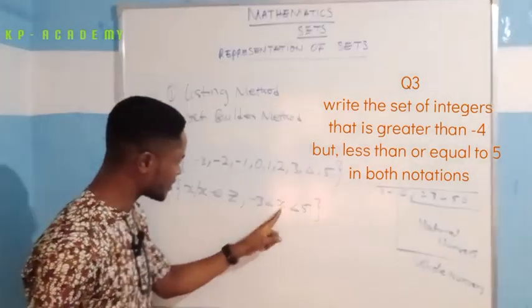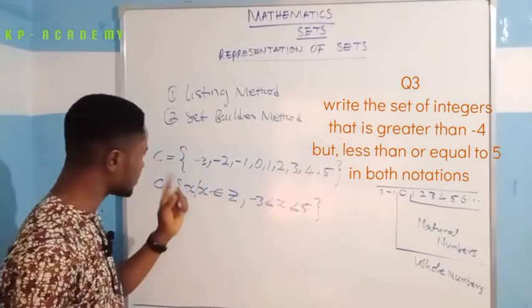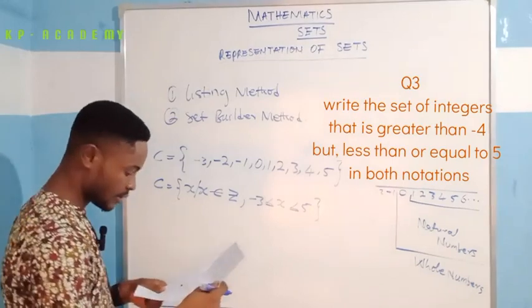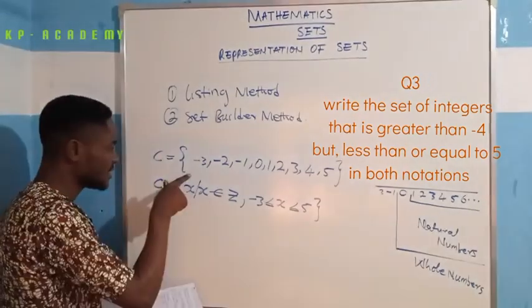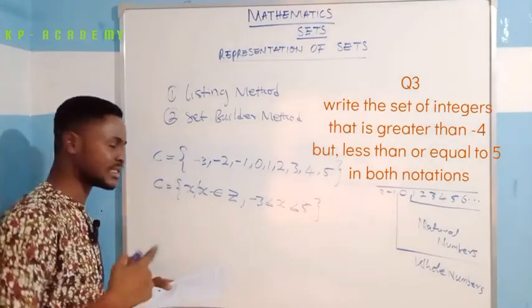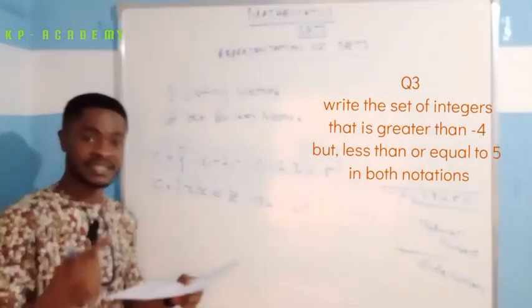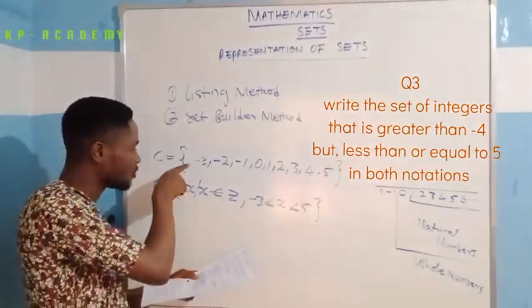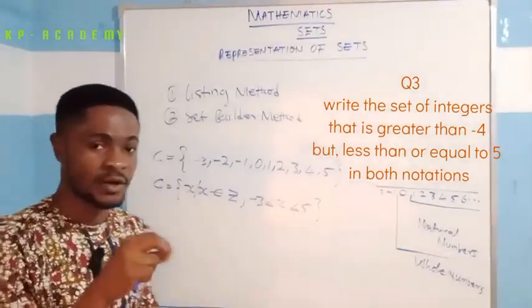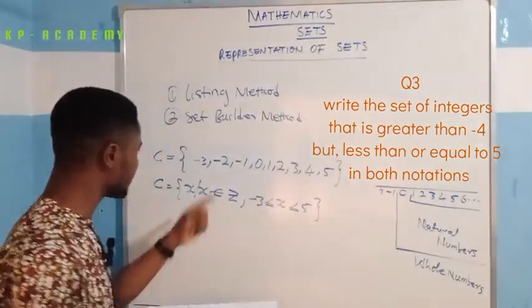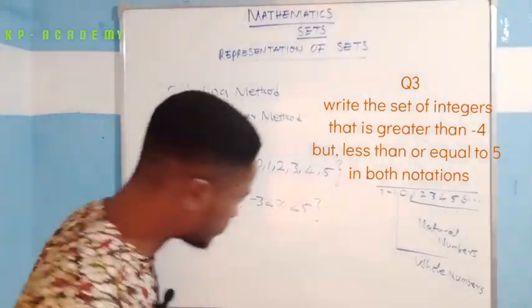Remember the question says greater than -4, so -4 is not part of it. If it had said greater than or equal to -4, we would include -4. But since it did not say 'or equal to', -4 is not included. So this is the listing and this is the set builder method.